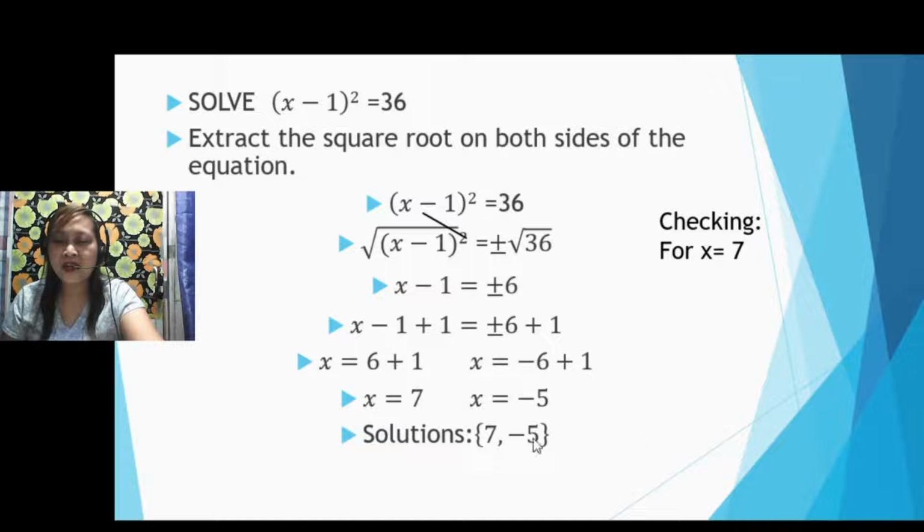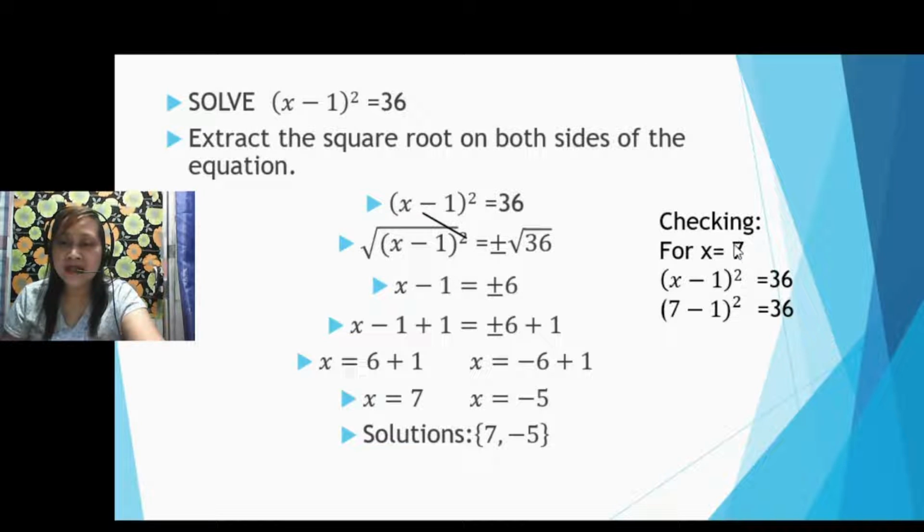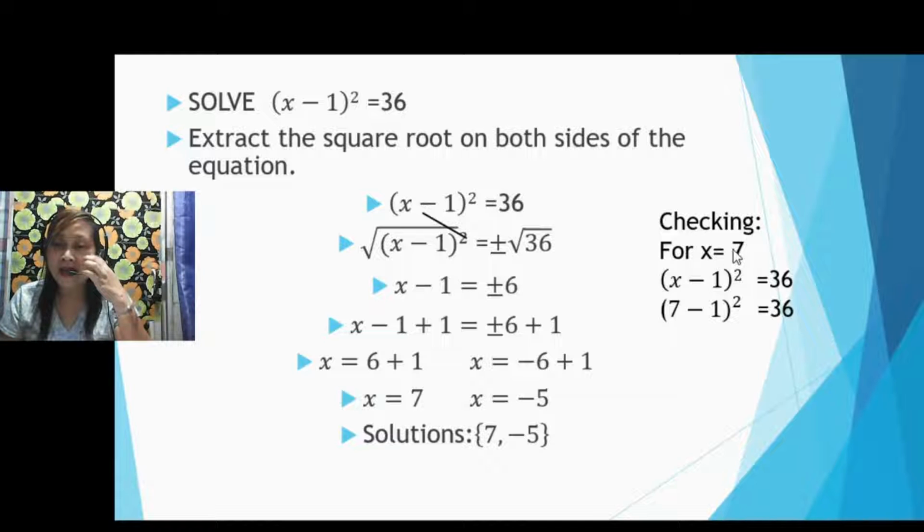So for checking, we will check the solution which is 7. So for x is equal to 7, the quantity of x minus 1 squared is equal to 36. We will replace x by 7.